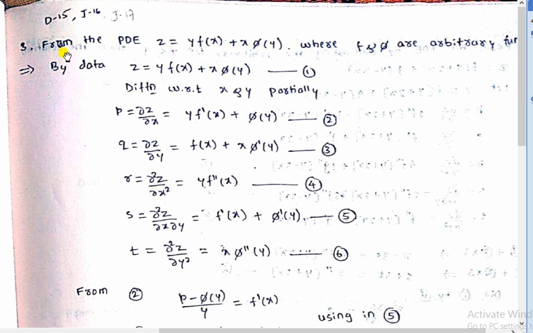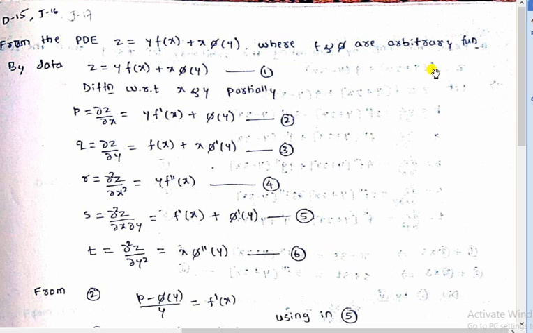Second example: form the PDE from z is equal to y into f of x plus x into phi of y, where f and phi are arbitrary functions here. It means we have to differentiate with respect to x and y and eliminate the f and phi functions. The difference between the previous example and this example is that the previous example contained a single function, so we differentiated up to first order.